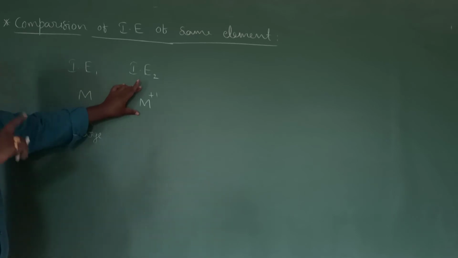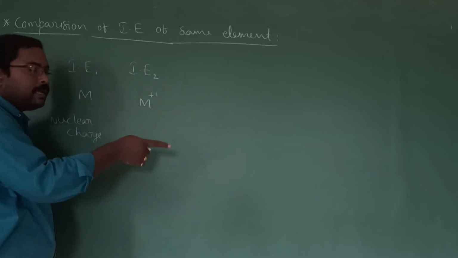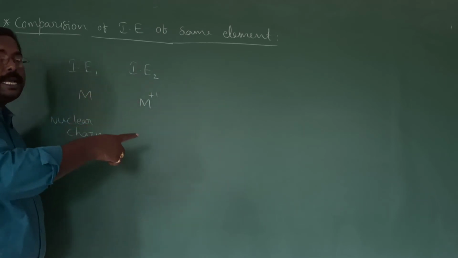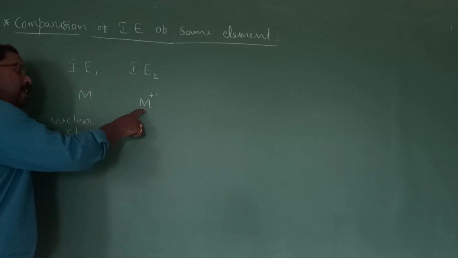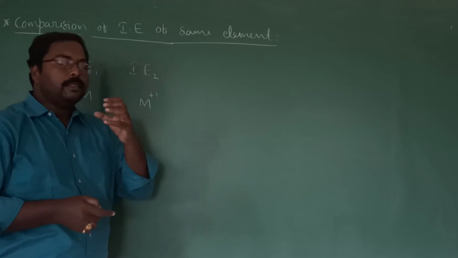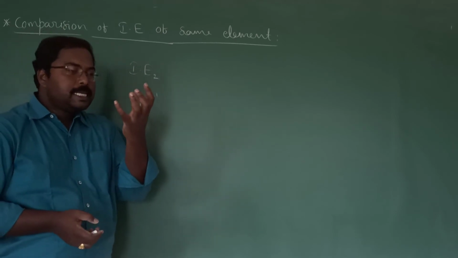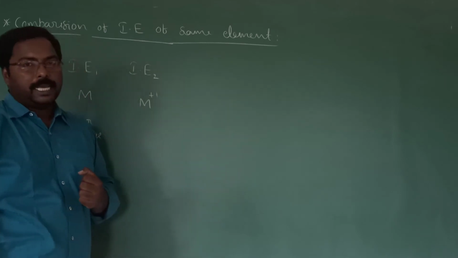Yesterday we already discussed the size comparison. In this case, one electron is less, which means the effective nuclear charge on the outermost orbit is more. When the effect of nuclear charge is more on the outermost orbit, then what happens? All these electrons will be tightly held by the nucleus.